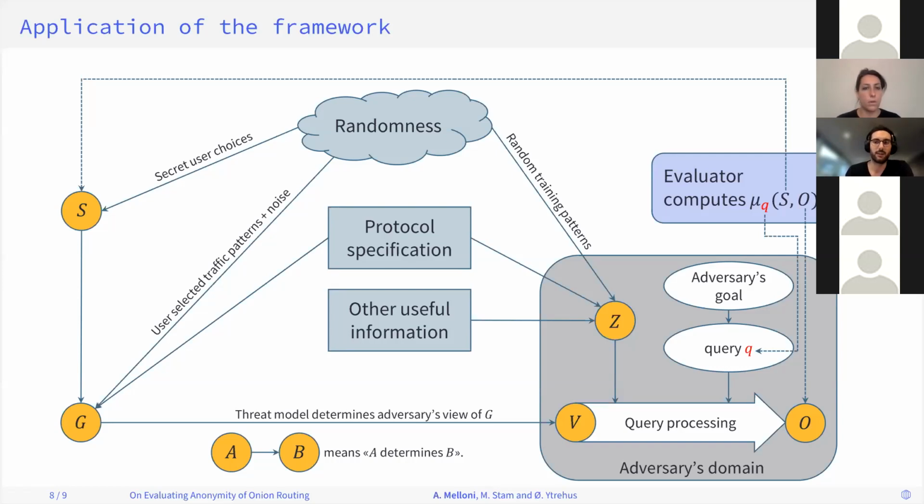That allows us to have a better evaluation of the attacks or the defenses that are proposed to improve the anonymity of the onion routing protocol.